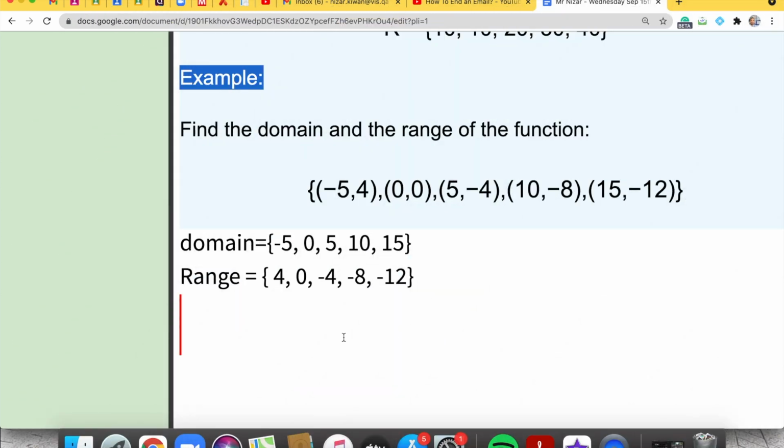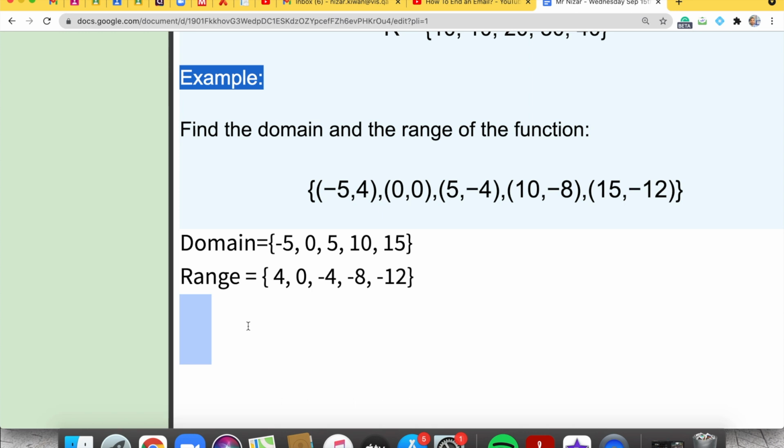Find the domain and the range for the function. Here I represented the function as pairs instead of giving you x values and y values in a table, which is fine. So just pick up the first numbers of each pair to find the domain. So the domain here is -5, 0, 5, 10, and 15.